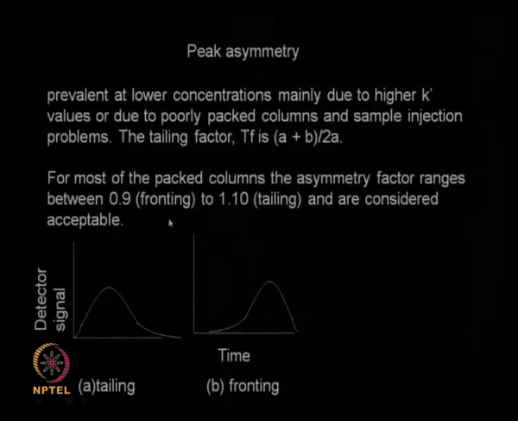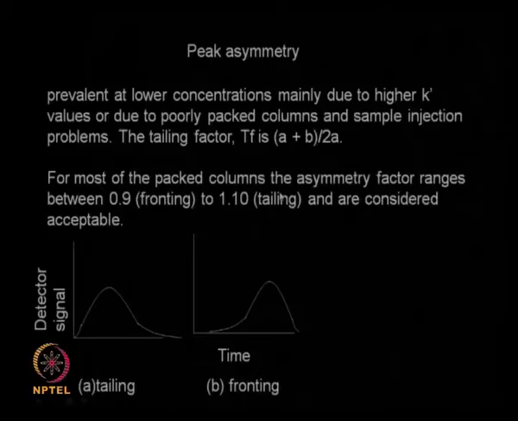Generally you should have between 0.9 to 1.1. So if it is 0.9, that means you are having fronting. That means A and B are not uniform, or A is not the same as B, but A is different from B. That is why you are having either the factor 0.9 or the factor above 1.1.